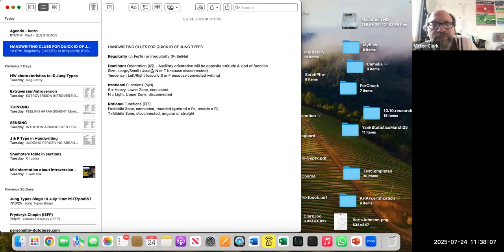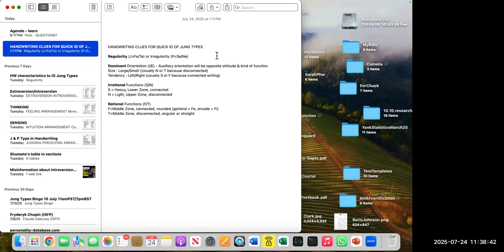Extroverted feeling or extroverted thinking is what the judging, that J symbol, refers to, and why that's regularity. Regularity in handwriting is a sure sign that it's a judging type.